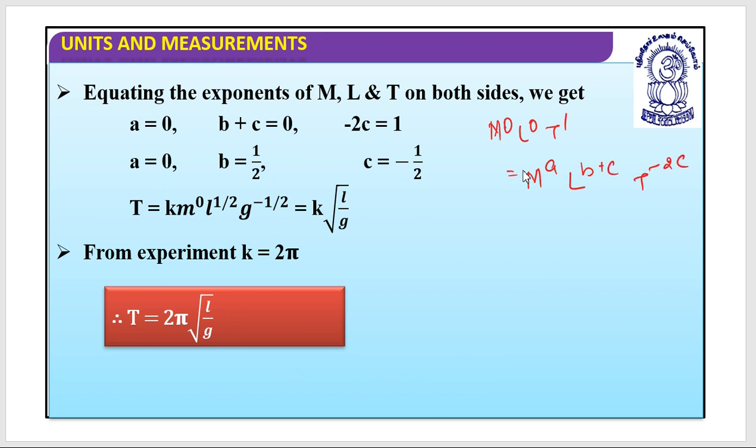This is the relation that we got in the previous slides. So here, this is M, this is M, the bases are equal, so you can compare their powers. So A equals 0, so I have written it down.